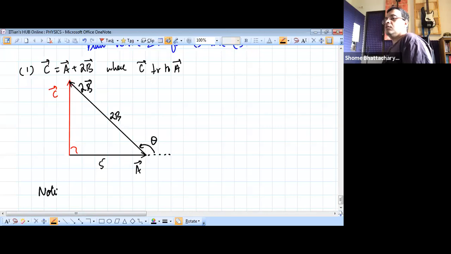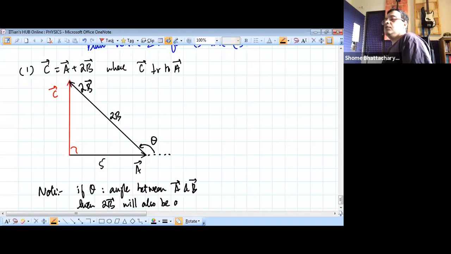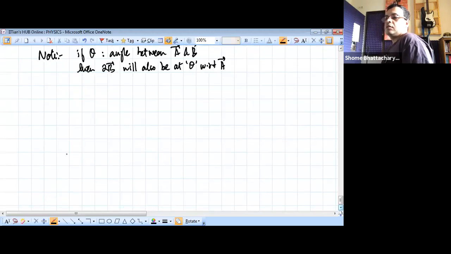That's the important thing here, that if theta is the angle between A and B, then the vector 2B will also be at theta with respect to E. Vector triangle. I'm just using the concept of vector triangle.